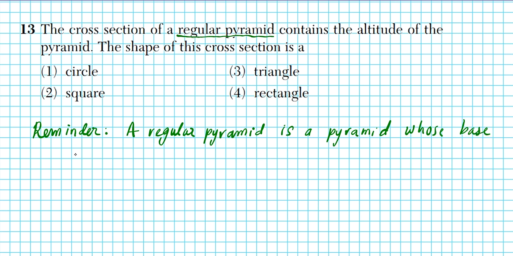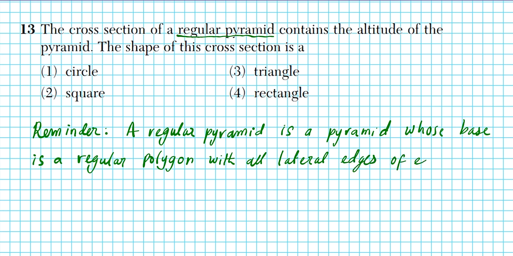So a regular pyramid is a pyramid whose base is a regular polygon. Okay? Like a triangle, a square, a regular pentagon, regular hexagon is a regular polygon with all lateral edges of equal length. Okay?